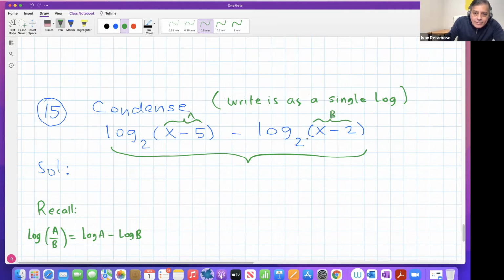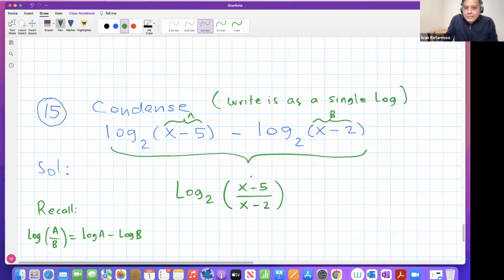So this should be equal to log base 2 of this quotient. The one on the top should be first, x minus 5, and the one on the bottom second, x minus 2. And that's it. This is what it means to condense, to write this as just one single log.